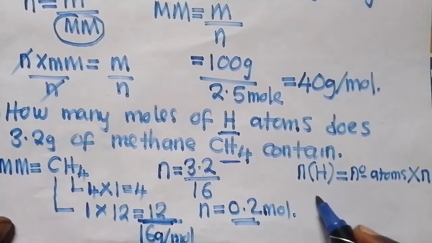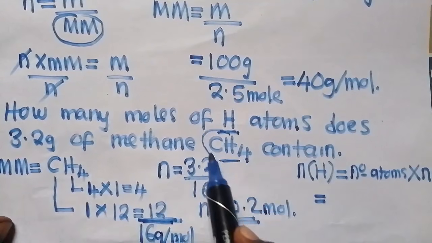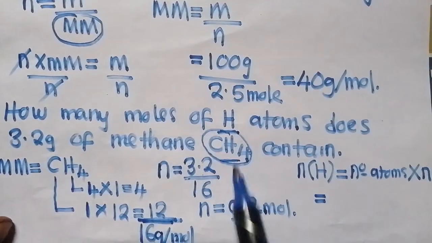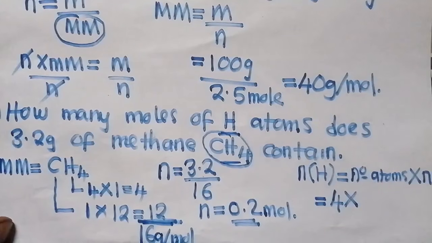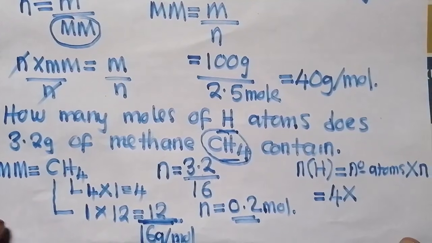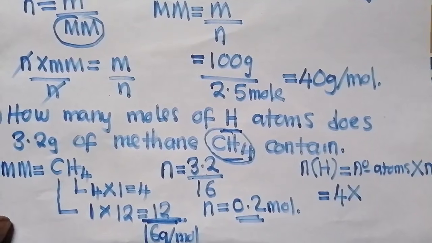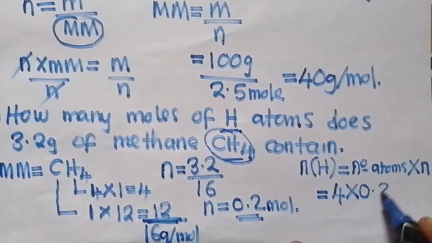So this is now equal to, how many atoms of hydrogen are we having in this compound? There are 4. So you say 4 times the number of moles of the compound. The number of moles for the compound is 0.2. We calculated this one.